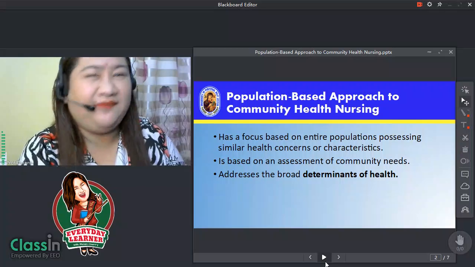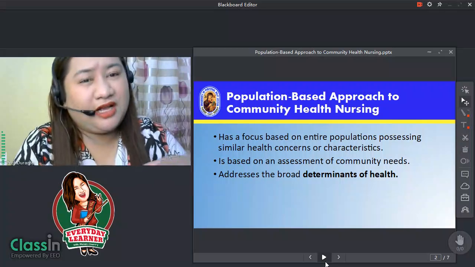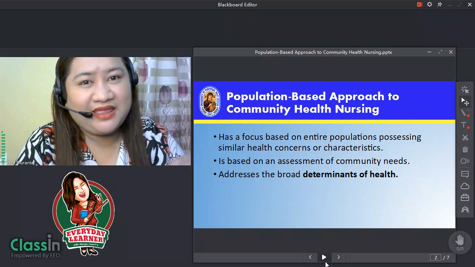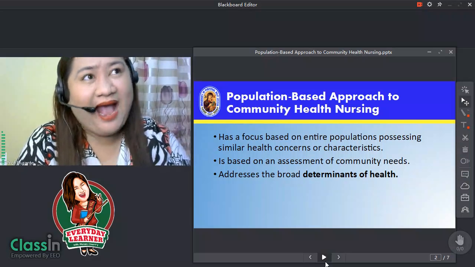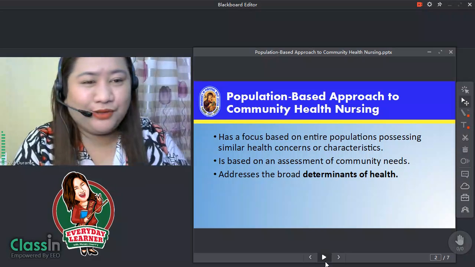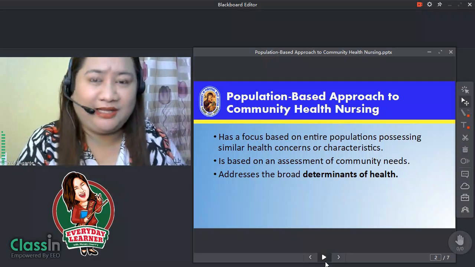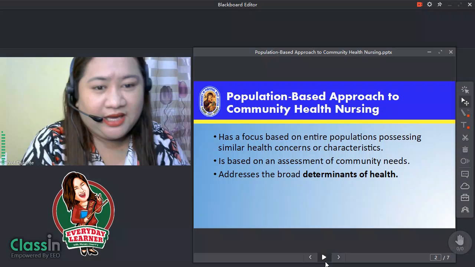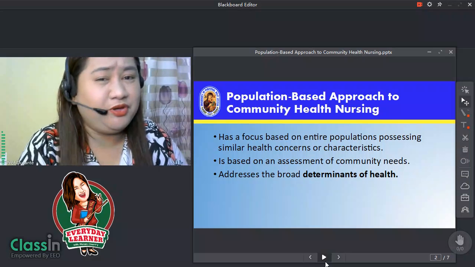For example, you're living in a subdivision. So the people inside that subdivision somehow have some characteristics in common. Okay? So that is what we are targeting when we talk about population-based approach. It is based on an assessment of community needs.